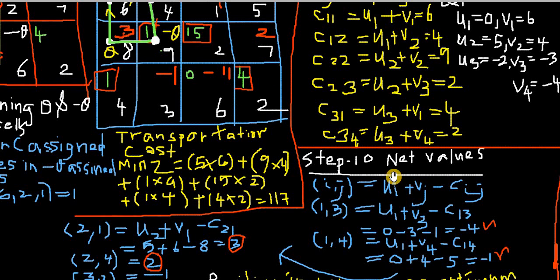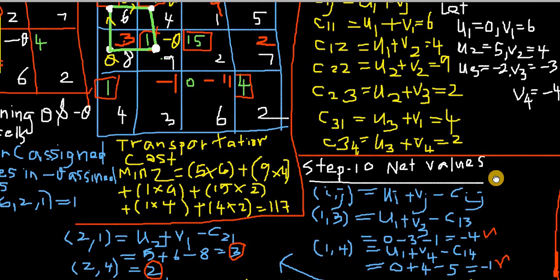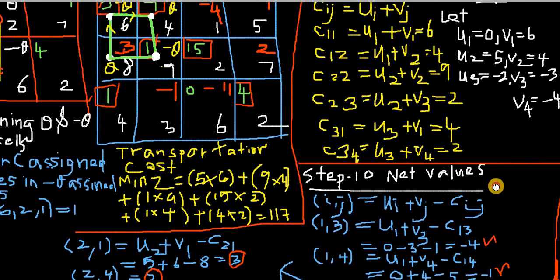Here, the net values are for this one, this one, this one, this one, this one. Those are non-basic cells. So for cell 1,3, by using the formula Ui plus Vj minus Cij, we get net value 1,3 equals U1 plus V3 minus C13.